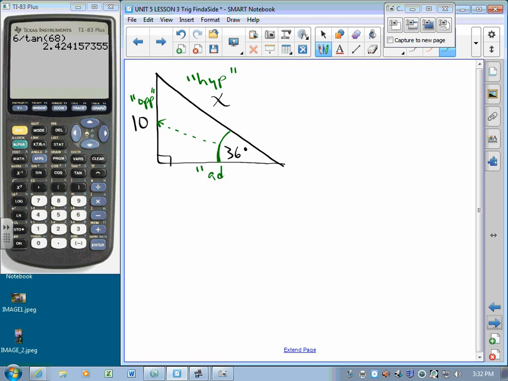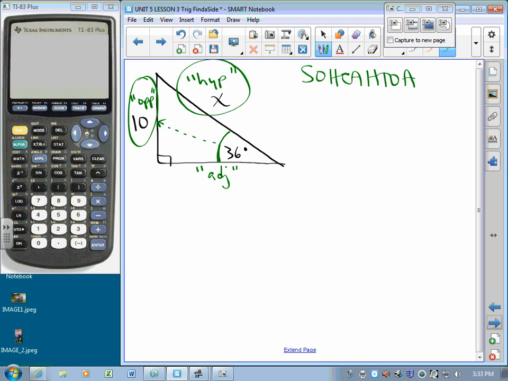The adjacent side is the one that snuggles up alongside the 36. So in our problem, we have opposite and hypotenuse. So I go to my mnemonic device, and I'm looking for opposite and hypotenuse. That's a sine problem.